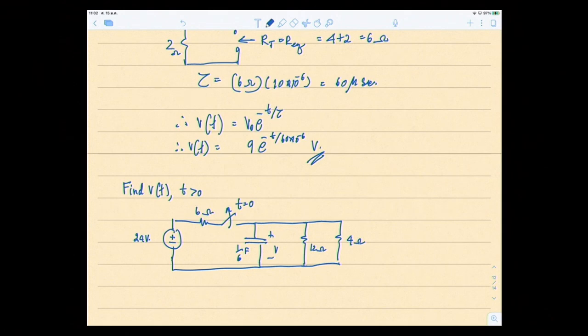V is still the voltage across the capacitor.